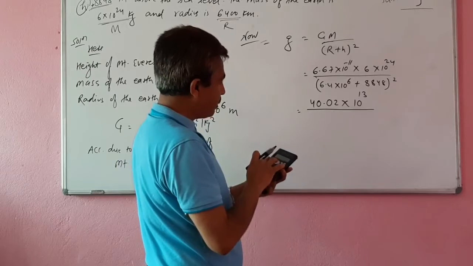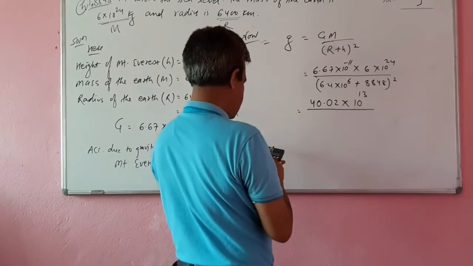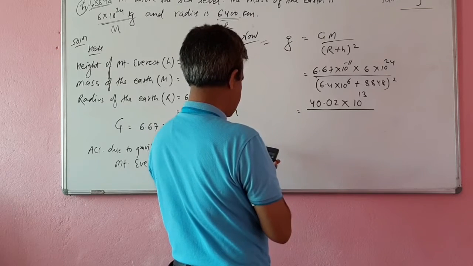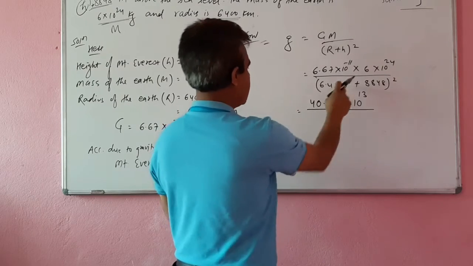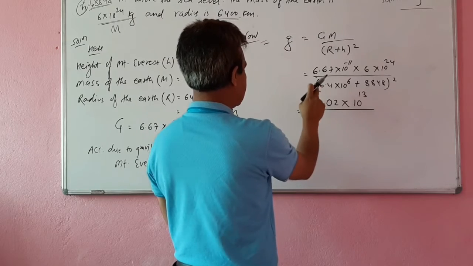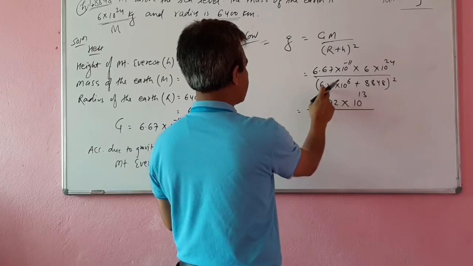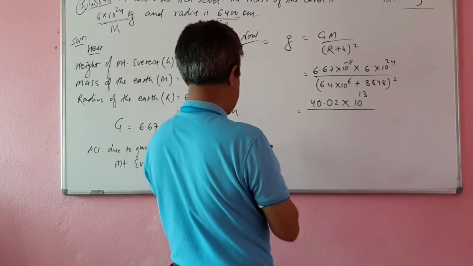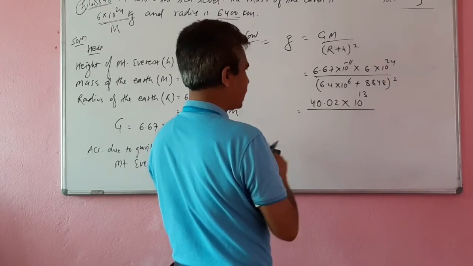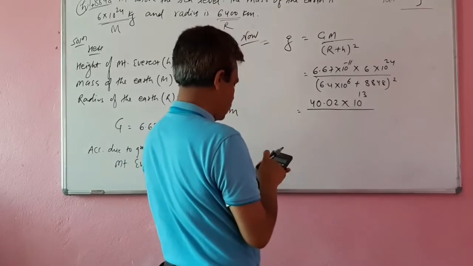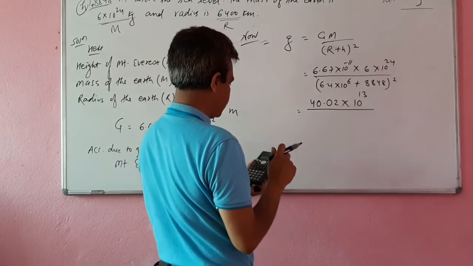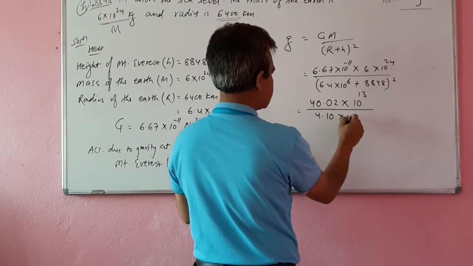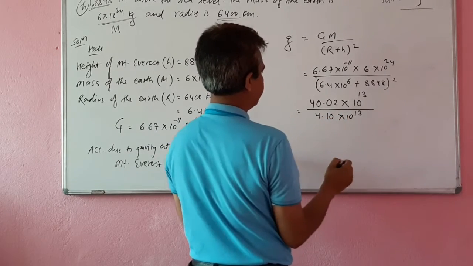Type bracket, 6.4 times 10 to the power 6 plus 8848, bracket close, whole square equals 4.10 multiplied by 10 to the power 13.